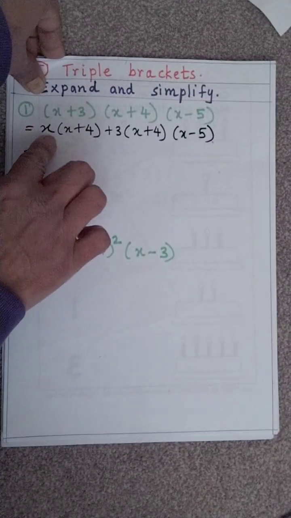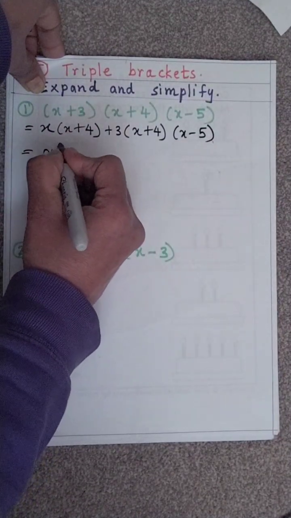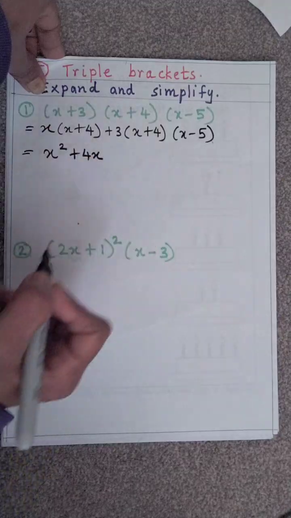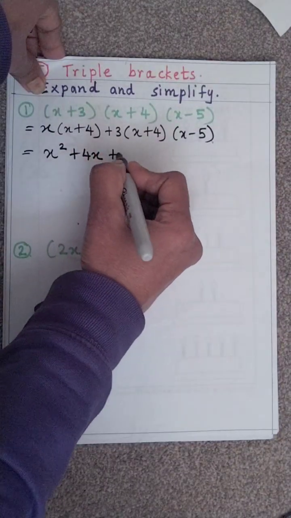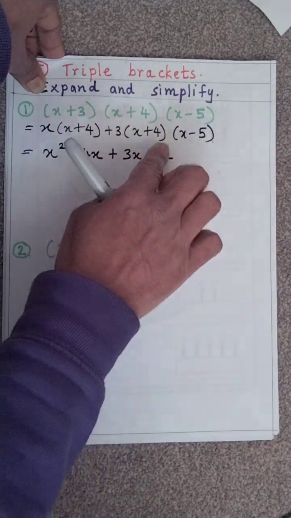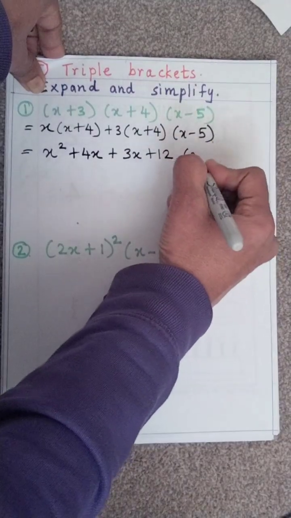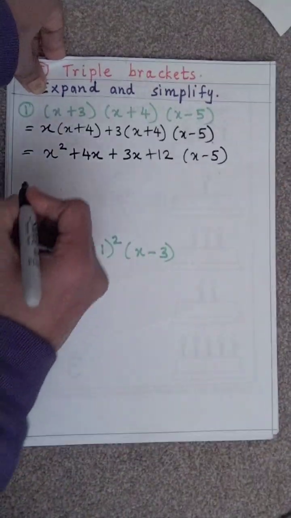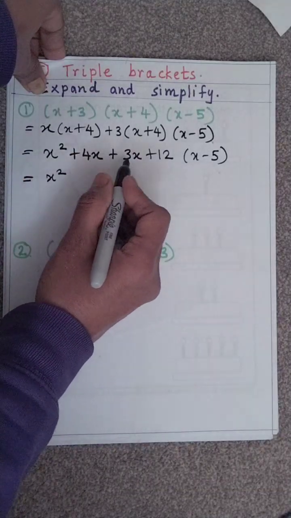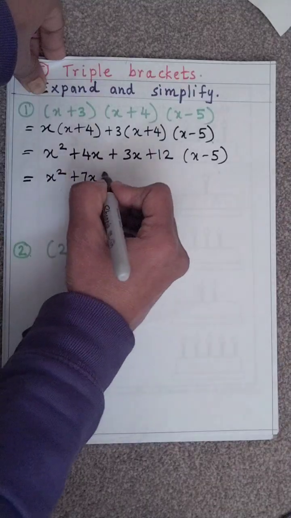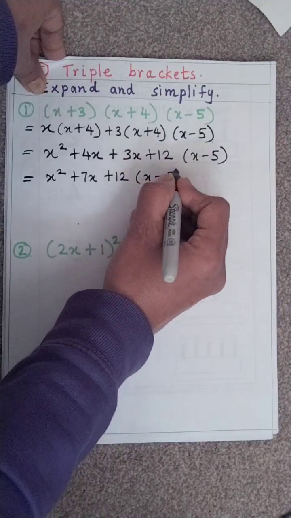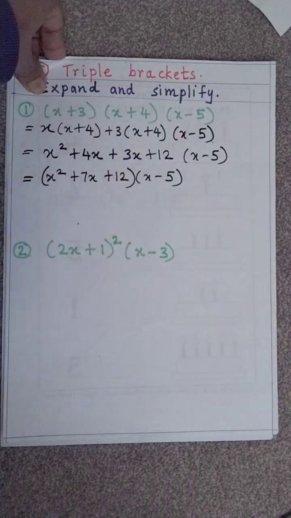Is equal to x times x plus 4 is x square, x times 4 is plus 4x, okay, plus 3 times x is 3x, plus 12, 4 times 3 is 12. And then x minus 5 we will solve later. Is equal to x square, 4x plus 3x is 7x, plus 12, times x minus 5.